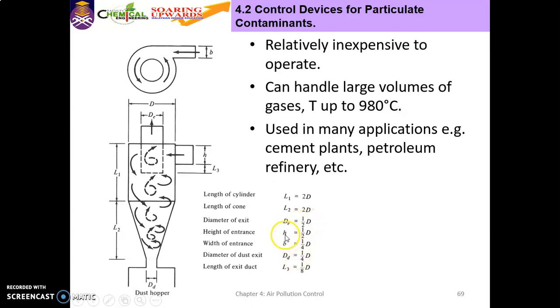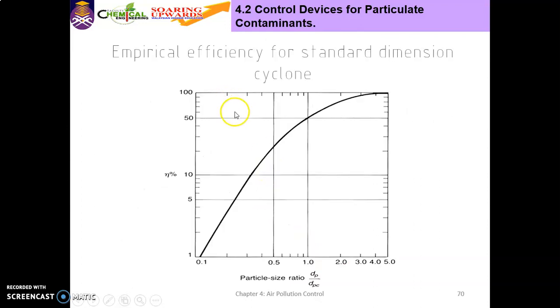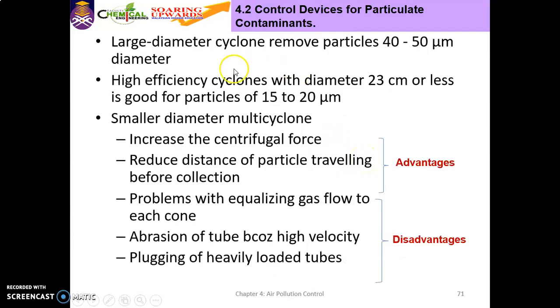The height of the entrance must be half of the diameter, the width must be a quarter of the diameter, and the diameter of the dust exit must be a quarter of the diameter, and length 1/8 of the diameter. This is the graph for particle size ratio. This will be used for the calculation later.